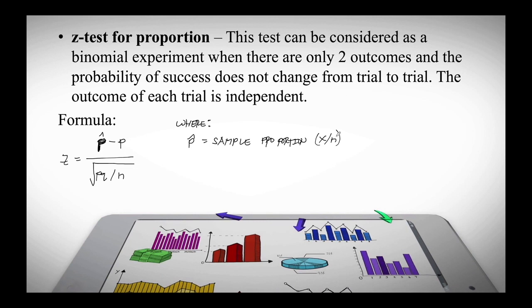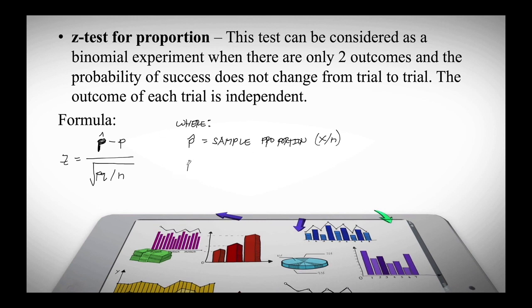For example, my sample size is 50. And out of those 50 students, 40 of them are boys. So, 40 over 50. The result of that fraction in decimal form will be the sample proportion.